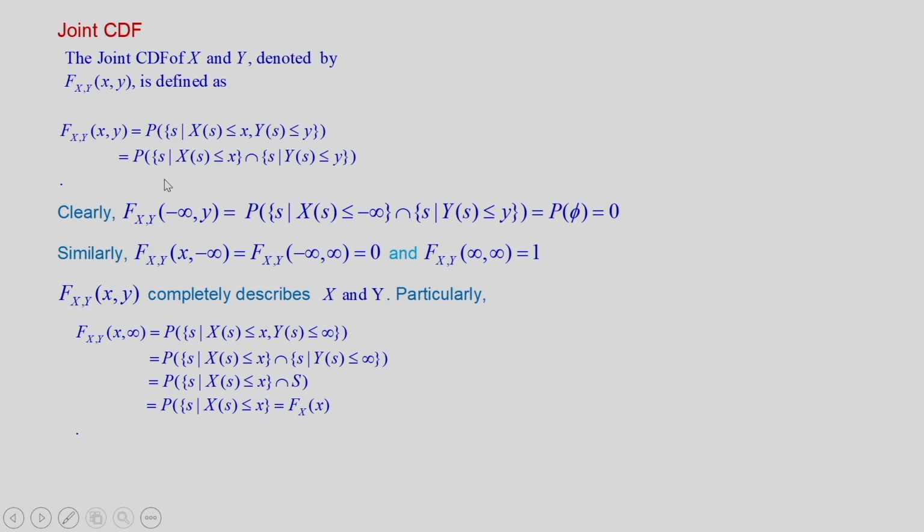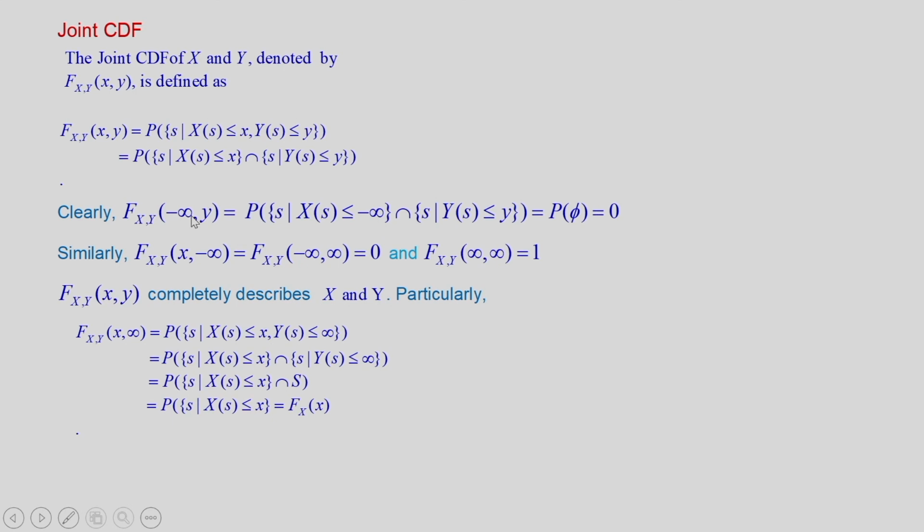Now, if we see F_XY at minus infinity, y, that is the intersection of the event {s such that X(s) is less than or equal to minus infinity} and {s such that Y(s) is less than or equal to y}. And since the first part is phi, this intersection will be equal to phi, and therefore the corresponding probability will be equal to 0.